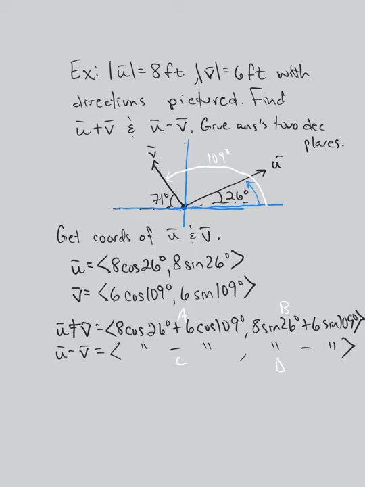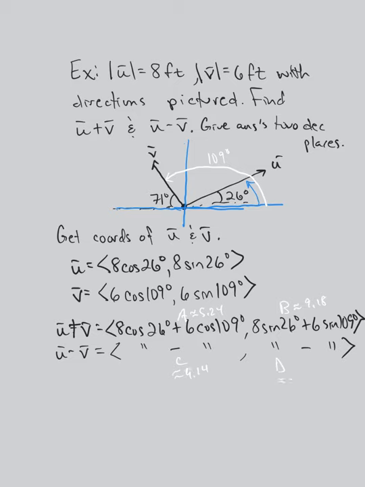So A is about 5.4 and B is about 9.18. And then C is about 9.14. And D is about negative 2.17.